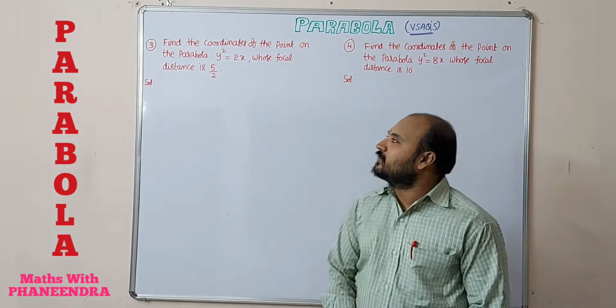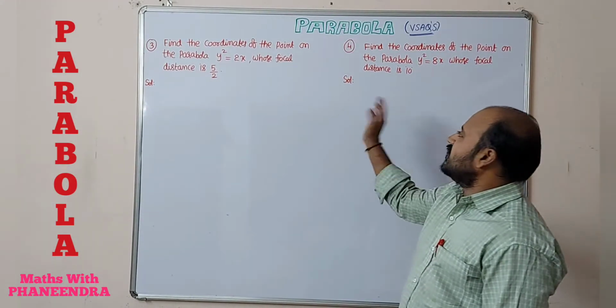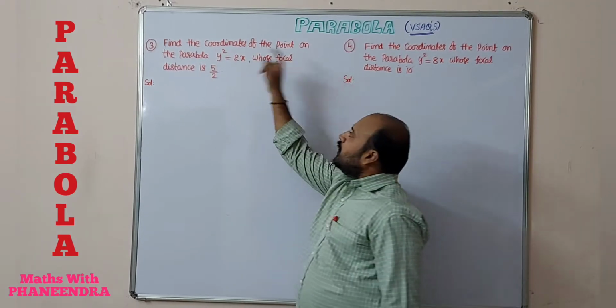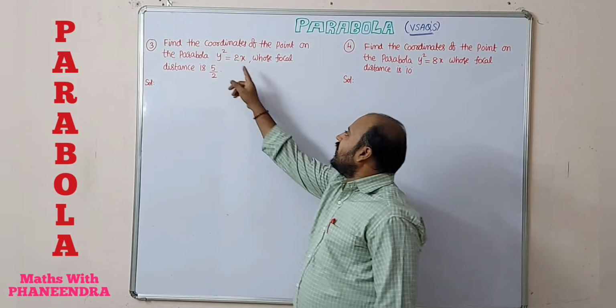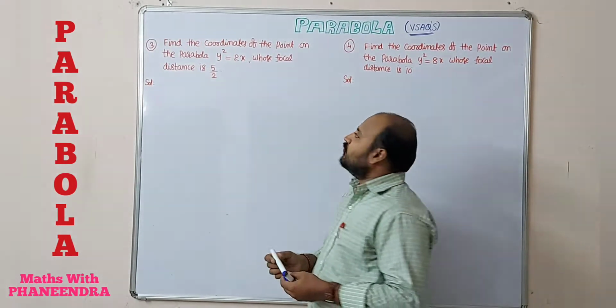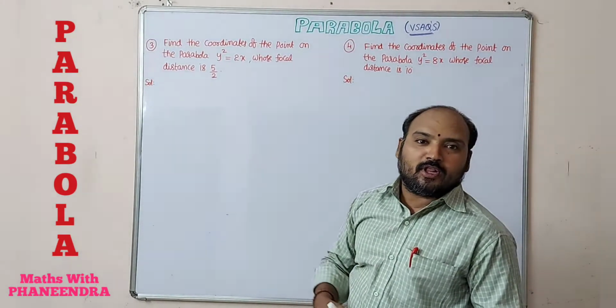The next question, these two also same type of questions. Find the coordinates of the point on the parabola y square equal to 2x whose focal distance is 5 by 2. So first find the coordinates of the point on the parabola.